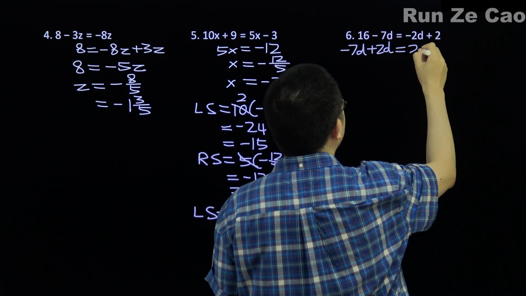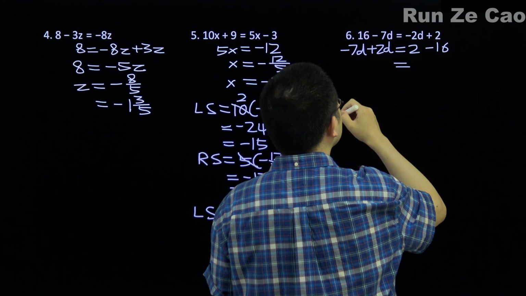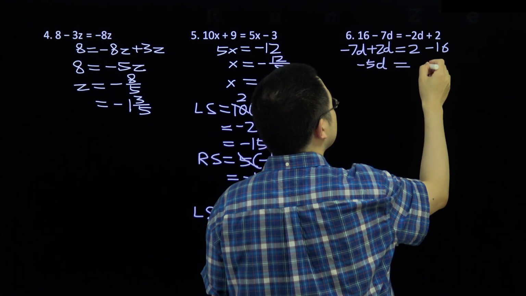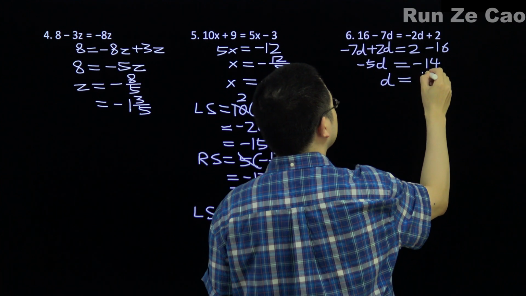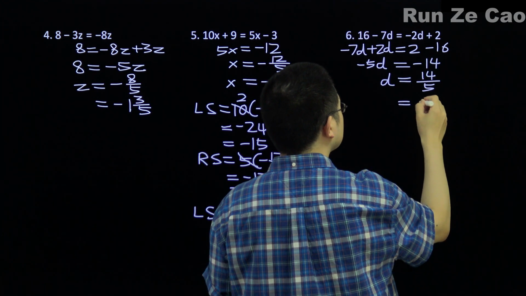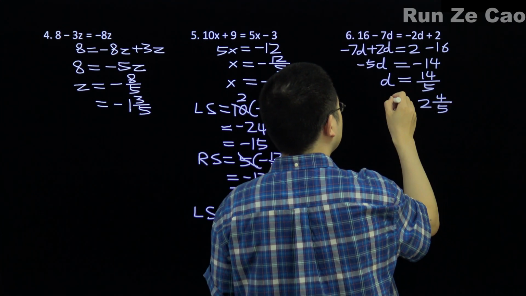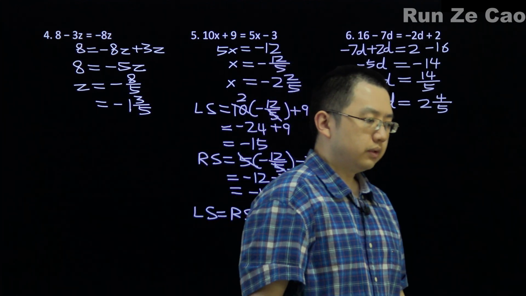And 2 minus 16. So you get negative 5d equals negative 14. d equals 14 over 5, which is equal to 2 4/5. Okay.